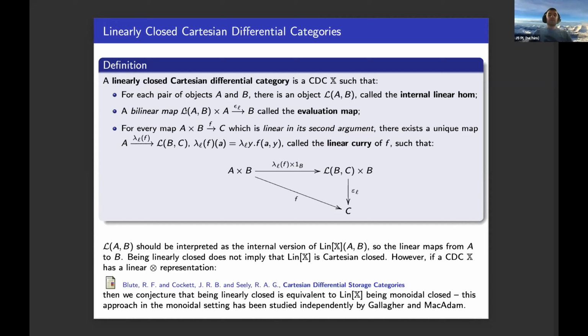And for every map f of type A × B to C, which is linear in its second argument, there is a unique map called lambda of f, which I'll write in the term logic as follows, called the linear currying of f, such that the classical well-known Cartesian triangle, as in a Cartesian closed category, holds. But again, it's super important to note that this is not the same as being Cartesian closed because I can only curry maps which are linear in their second argument.